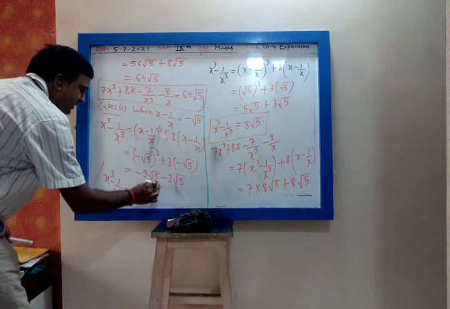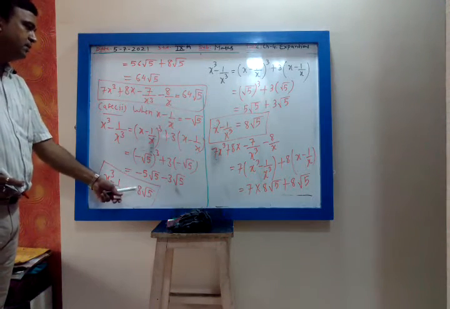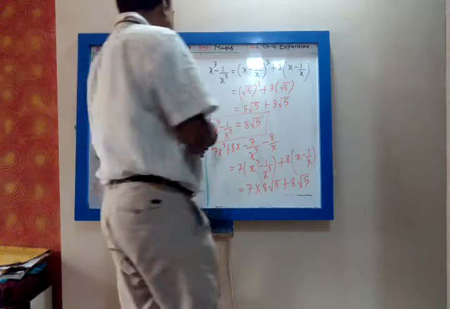For this value of x minus 1 upon x, minus root 5, and x cube minus 1 upon x cube, minus 8 root 5, now I will find 7x cube plus 8x.